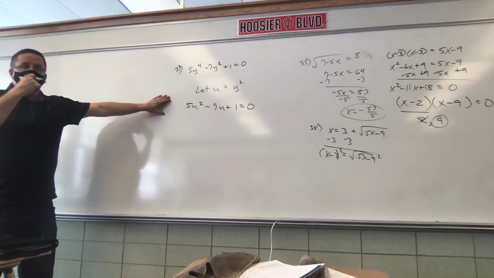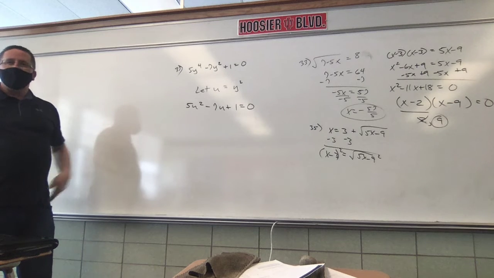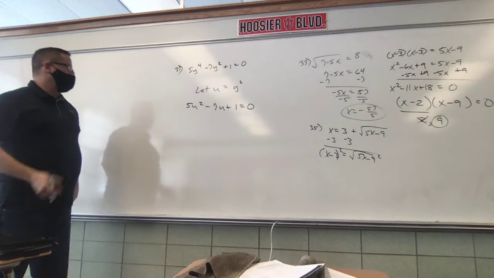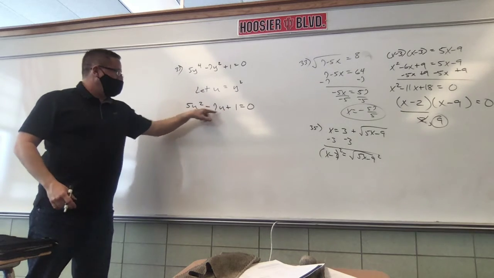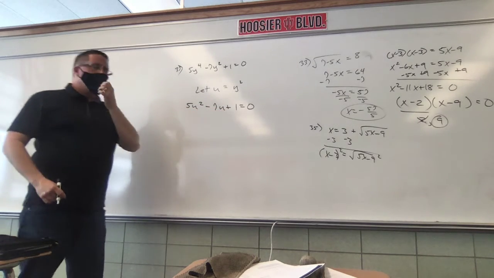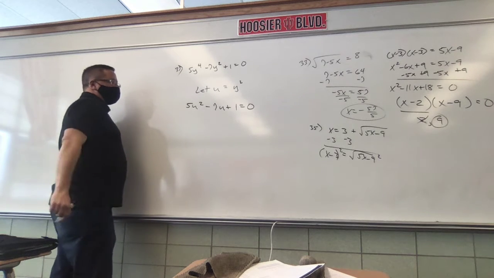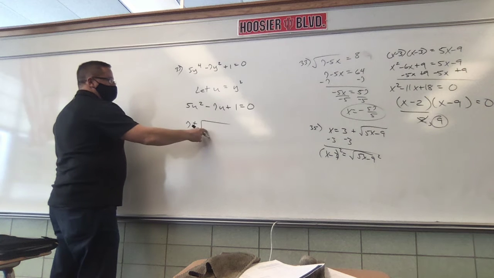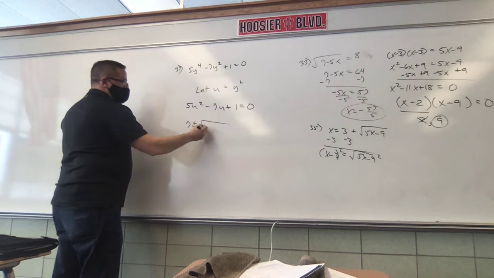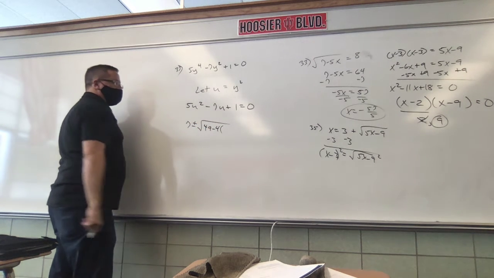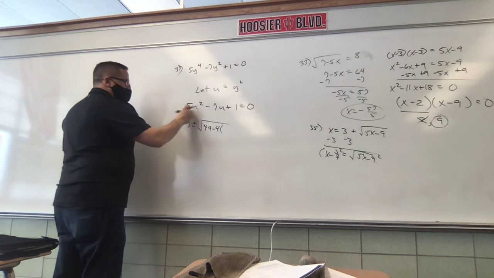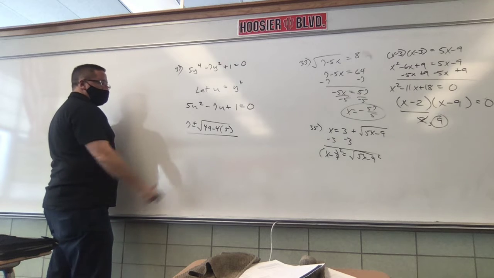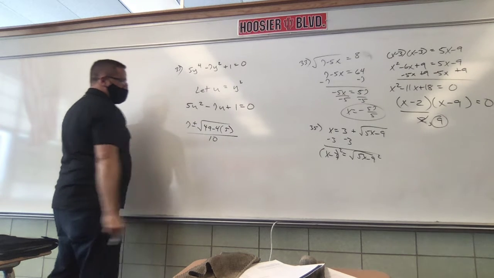Now we could try to factor this. It's not going to factor. We already tried to factor, okay? So we're going to use the quadratic formula. You should know a, b, c: 5, negative 7 and 1. So negative b is positive 7, plus or minus the square root of b squared, negative 7 squared is 49, minus 4 times a times c, which is 5 times 1, over 2a, over 2 times 5, which is 10.